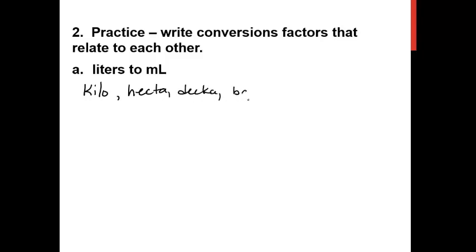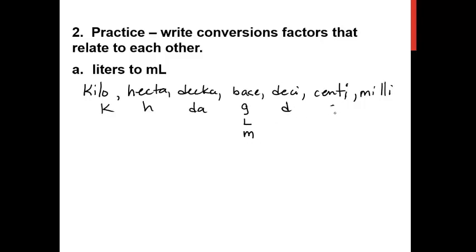We have our base unit, and then deci, centi, and milli. Now, when we are looking at our base unit, we would have things like grams, liters, or meters. Those are base units. And the rest of these are just prefixes. So you could have a kilogram, a decagram, centigram, so on.